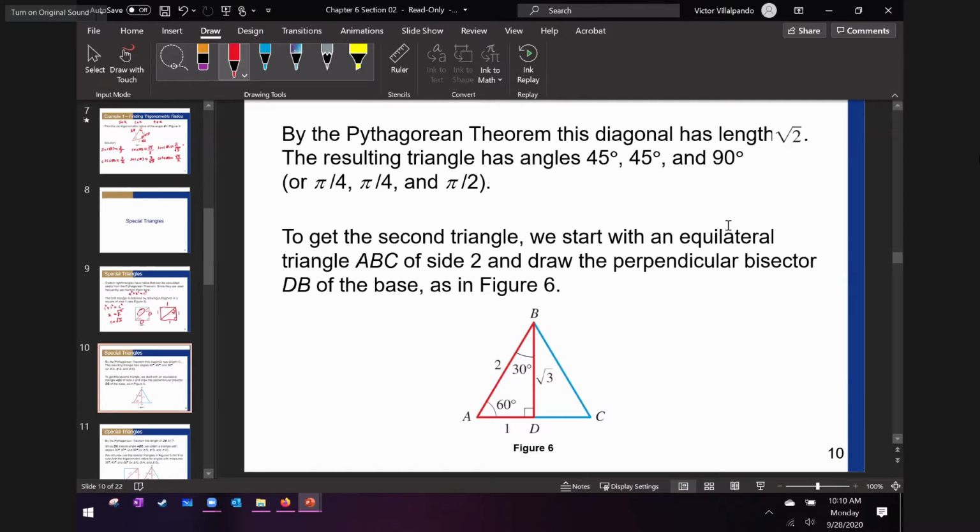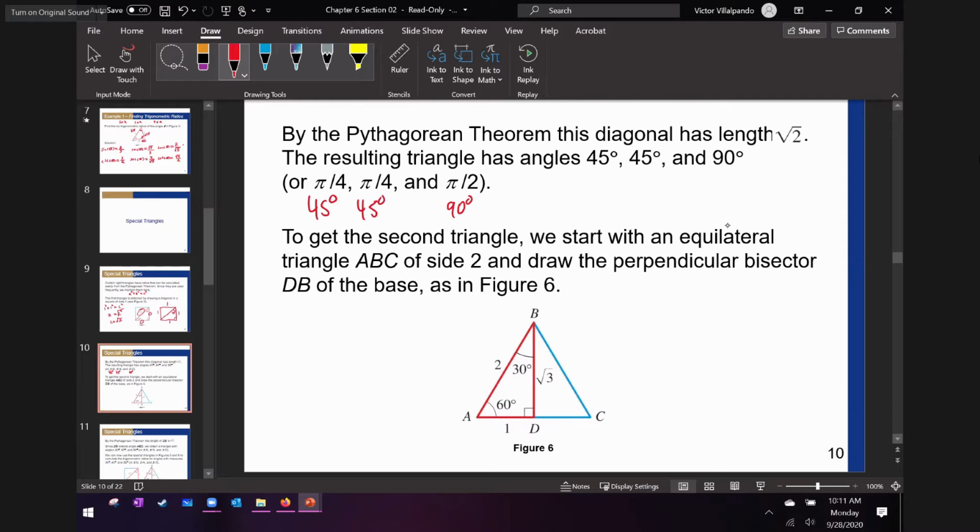And 90 degrees happens to be pi over 2. But usually when we're dealing with triangles, we do not use radians like pi over 6 or pi over 2. We deal with degrees here.